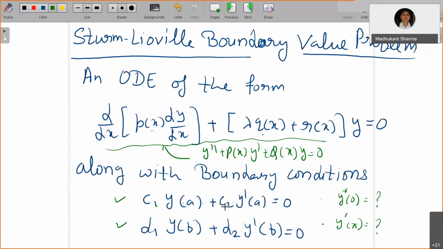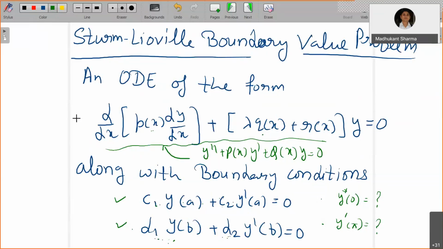If c2 is 0, c1 must be non-zero, meaning y at a is 0. Similarly for the second condition, at most one of d1 or d2 can be 0. Or you can say at least one of the constants d1 or d2 is non-zero, and at least one of the constants c1 and c2 is non-zero.